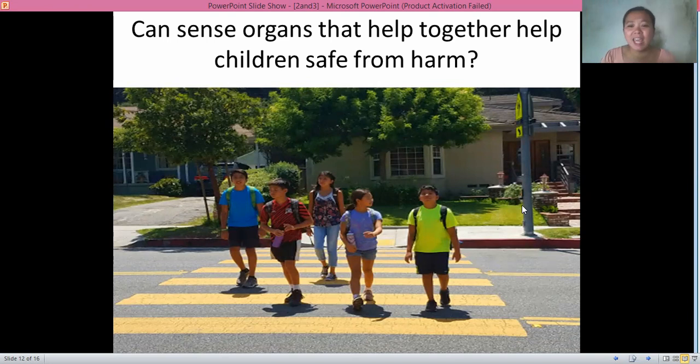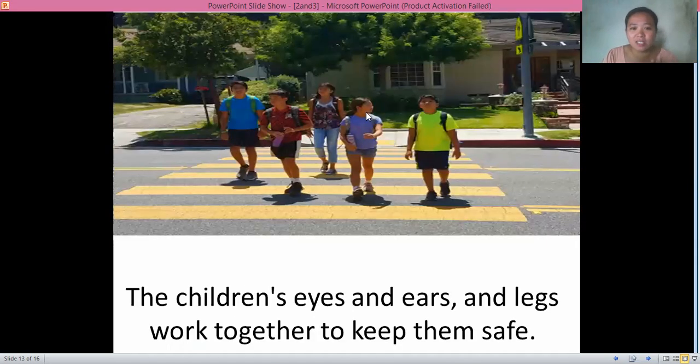Okay, it's a yes, because the children's eyes will look if there are cars going to pass. Their ears, so they can hear, oh, there's a car coming, and their legs to cross the street. So the children's eyes, ears, and legs work together to keep them safe.